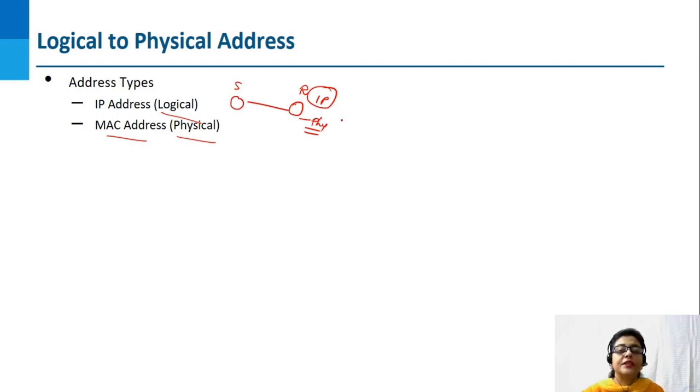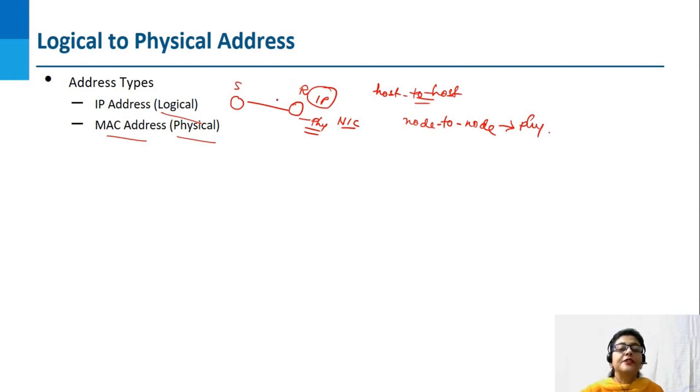This physical address is the NIC or network interface card that is given by the manufacturer and it is installed within the computer. By the help of the IP address, the host to host transfer can take place, but node to node delivery is possible only with the help of physical address.